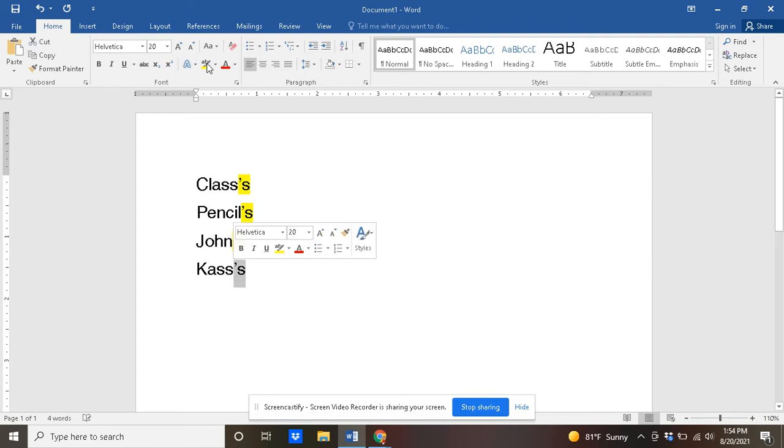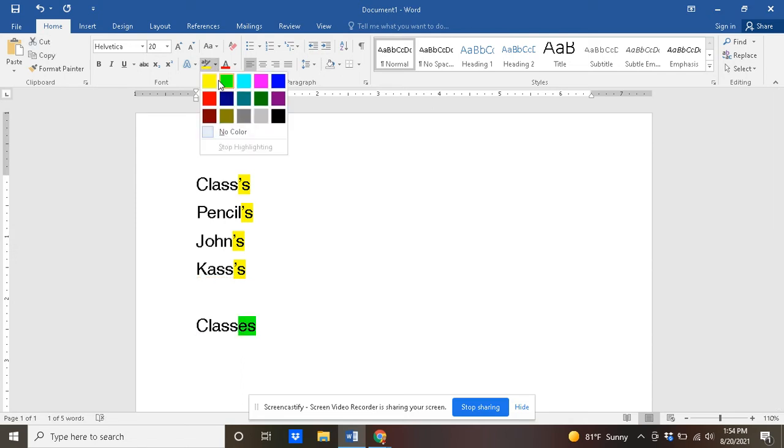Here's where things get just a little confusing because we've all kind of grown up being taught different ways and people have sort of explained this in different ways. So if I am dealing with all of my classes throughout the day, I already make that plural. And so the ES shows me that I'm dealing with more than one class.